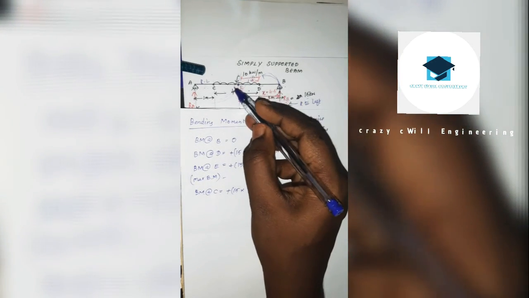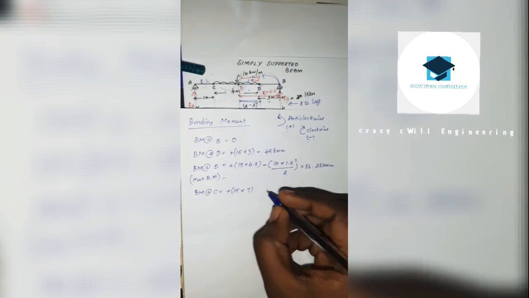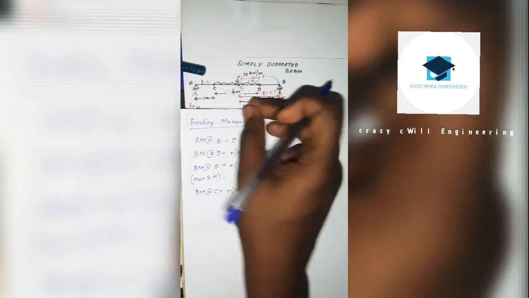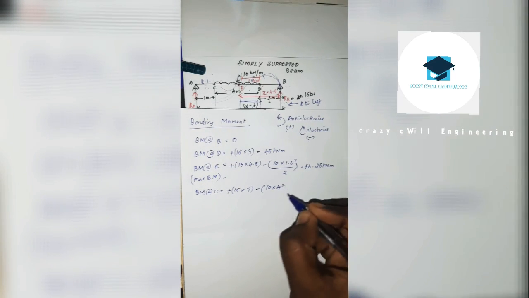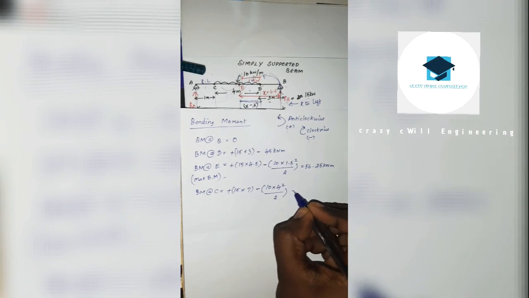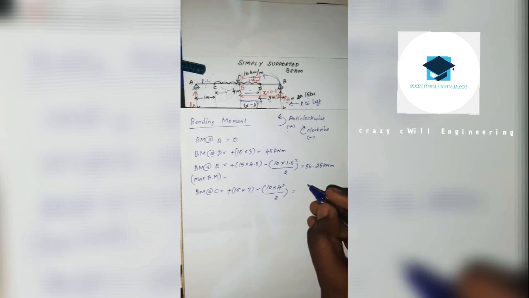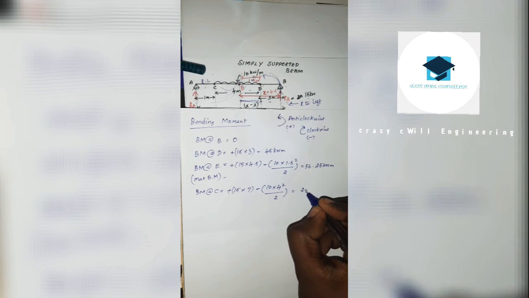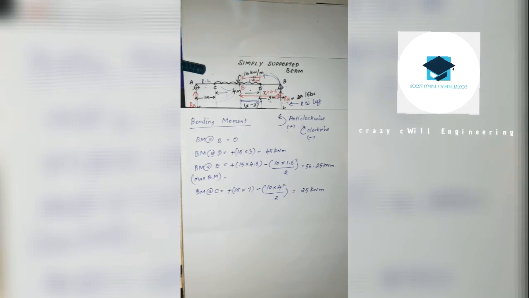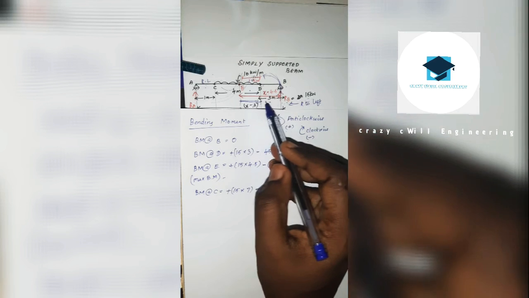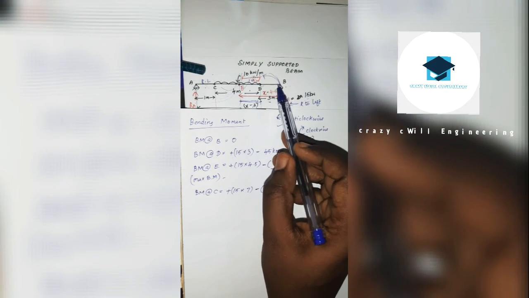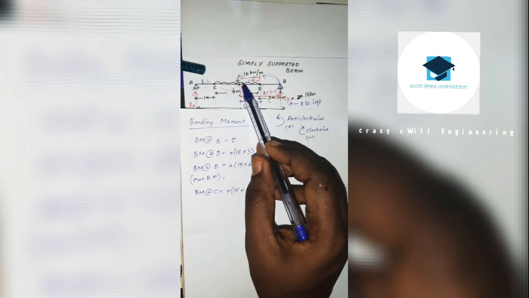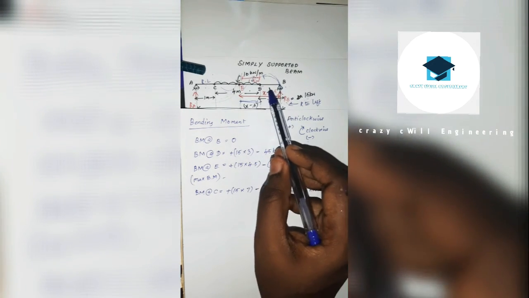Next, UDL is acting towards C by clockwise direction, put minus 10 into the UDL distance of 4 meter, 4 square by 2 equal to 25 kilonewton meter. Here I am not considering this remaining length because I am taking moment at C only. I am only considering the UDL, not this remaining length.